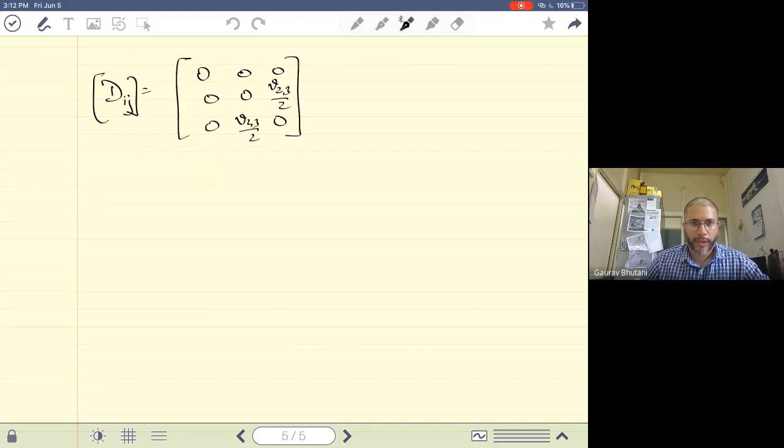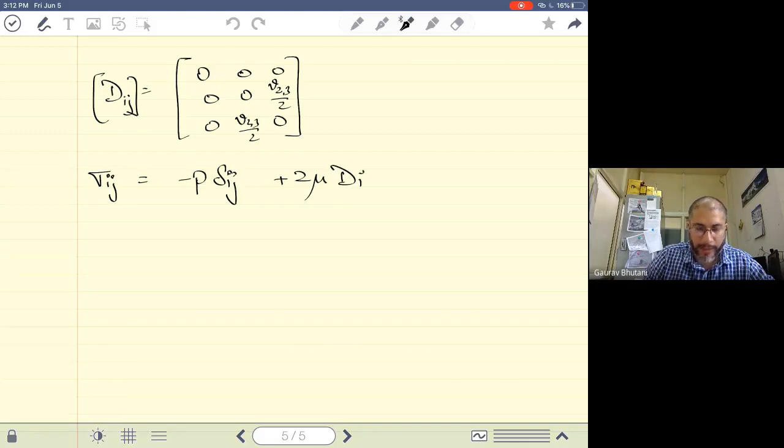All right. So the next step is to write sigma_ij. So sigma_ij, if you remember, using the constitutive law we had, was written as minus p delta_ij plus 2 times mu times D_ij minus 2 by 3 times mu times D_kk. Let's quickly confirm that.